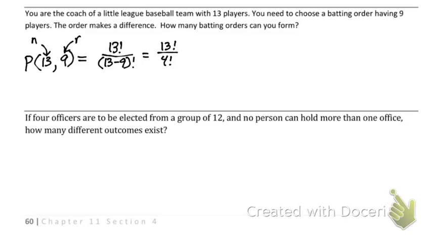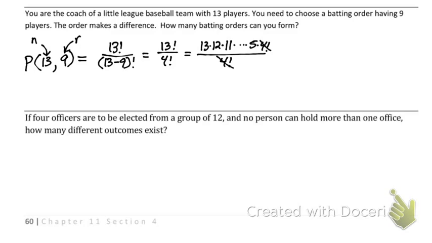It's only a slight shortcut because remember 13 factorial is 13 times 12 times 11 times ... all the way to 4 factorial. And that would be over 4 factorial. Let me go one further here. It'd be times 5 times 4 factorial. Your 4 factorials would cancel out. So if you're using a calculator just to save you a little time, you can stop at 5.